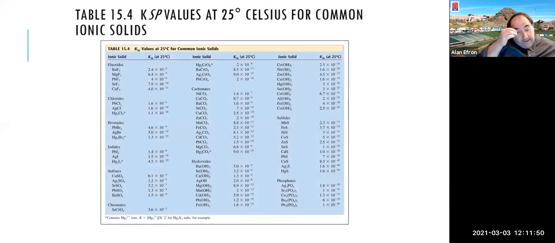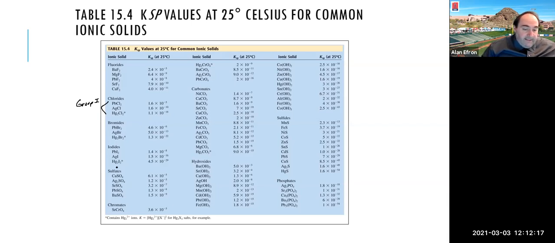Here's a table. You have a similar table, I think, in your book of some Ksp values for a bunch of things. A lot of these, again, if you think about solubility rules, for example, right about here, that's our group 1 in qualitative analysis, right? Our lead(II) chloride, silver chloride, or mercury(I) chloride, again, insoluble compounds with Ksp values.